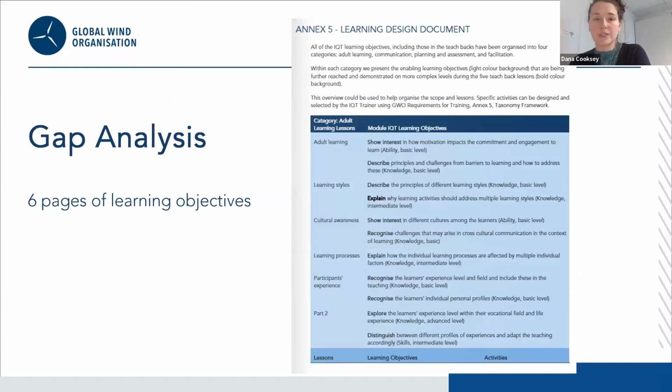In the IQT standard itself, in Annex 5, we have listed all of the learning objectives from the IQT. Currently this is the foundation to build a gap analysis against. If you're looking at your internal programs, you're going to have a lot of this information. For programs most people are coming out of, like Thomas said, a lot of this is foundational, so you could cover quite a bit of it in most instructor trainings. What will be most interesting is what gaps we're seeing.